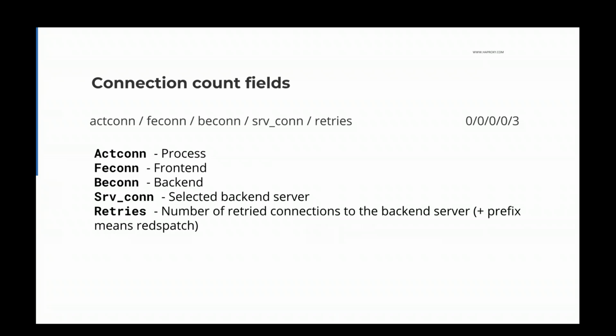Otherwise, obviously, looking at how many connections there were to the back end to associate with problems with too many connections to a given server, that type of thing. Retries is only set if you have a retry setting, usually in the defaults section. So it'll retry the TCP connection to the back end if it fails. Very useful if you're, again, having problems.